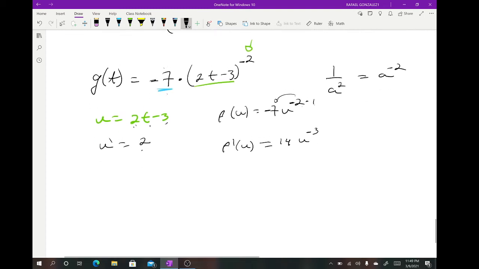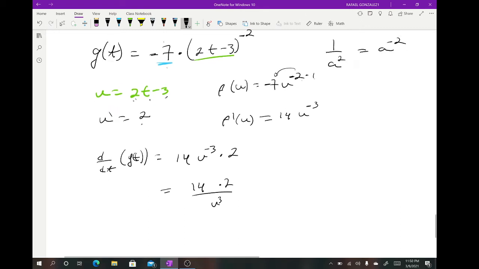So we have that the derivative with respect to t of g of t is equal to 14 u to the minus 3 times u prime, which is 2.